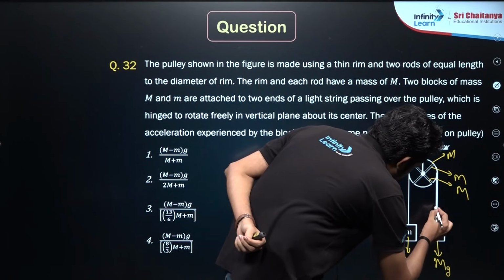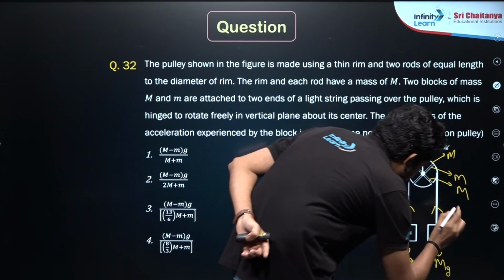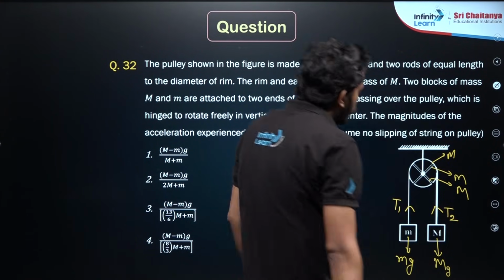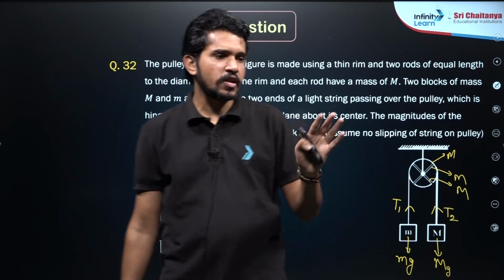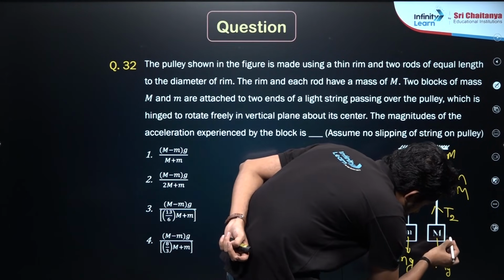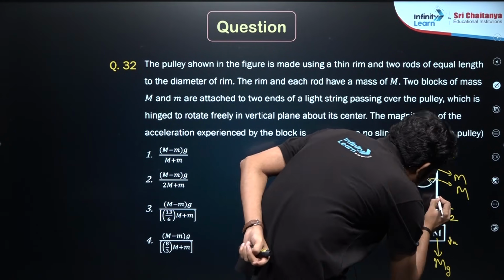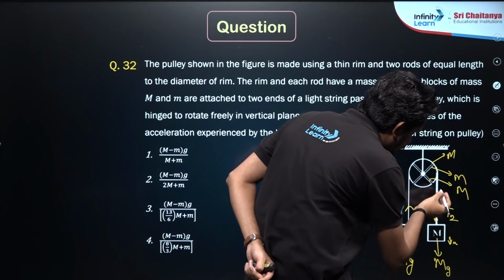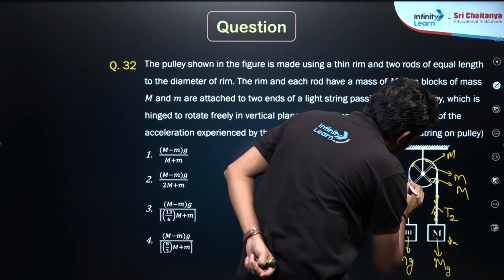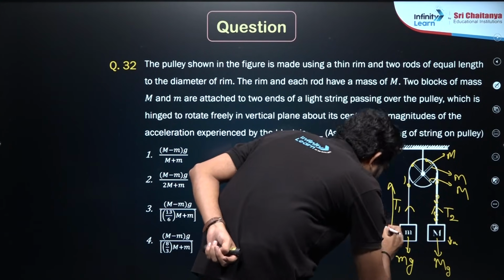So first of all, write all the things which you could see. You could see that this would be T2, T1. Now this is not an ideal pulley, so tensions would not be the same. But this particle is moving with an acceleration downwards, and this particle will be moving upwards. So acceleration would be a for both.